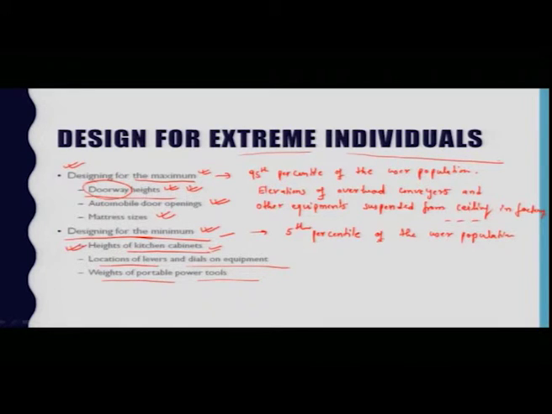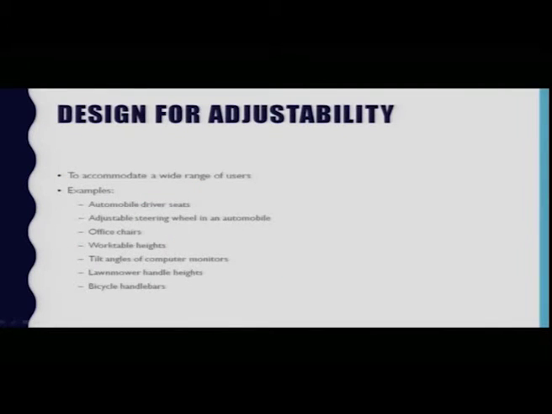So, in this way, designing for maximum dimension and designing for minimum dimension are the two categories for the designing of extreme individuals. Now the other category is design for adjustability. In many cases the products are designed so that certain features can be adjusted in order to give more flexibility for the users.